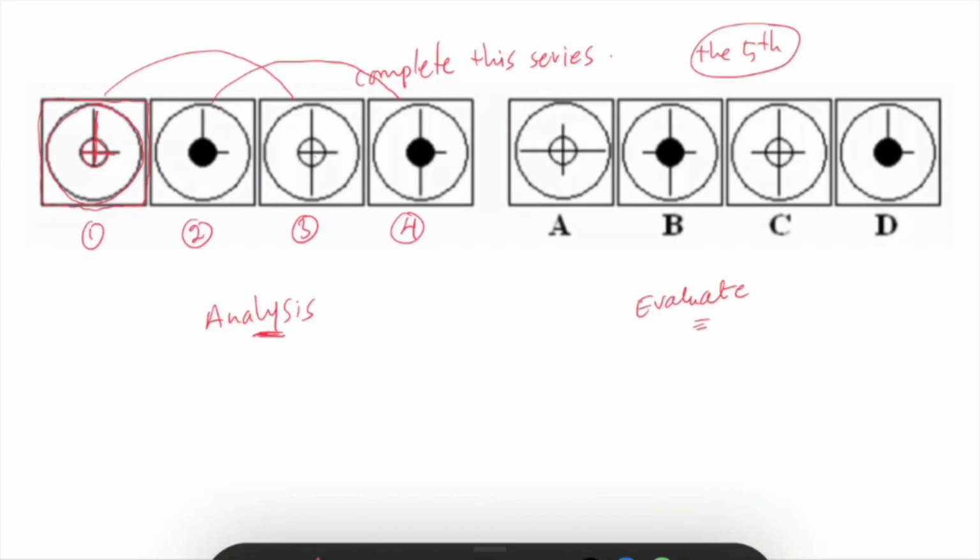So I can expect that my logical choice will be white, not black, because that is based on the relation I figured out while analyzing patterns 1, 2, 3, and 4. So I'll get rid of B and D. I'm left with A and C. One of them is the best choice.